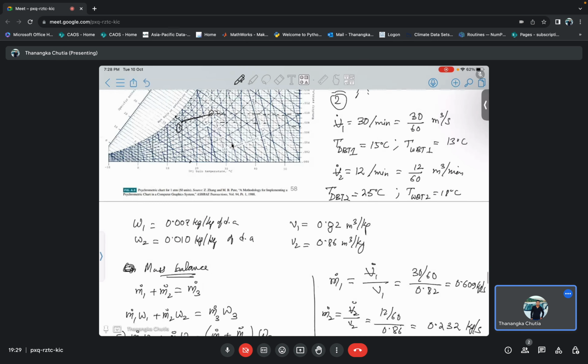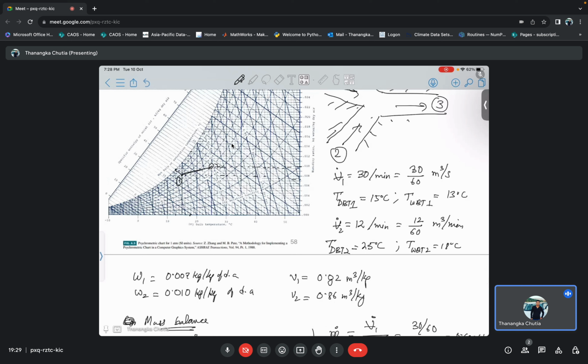Okay, so now since the mixing is a linear process, from 0.008 we will draw a straight line which will intersect here.